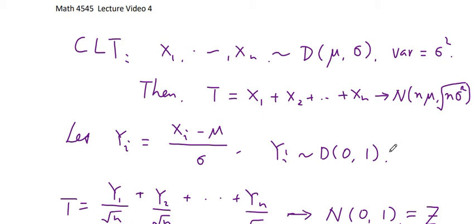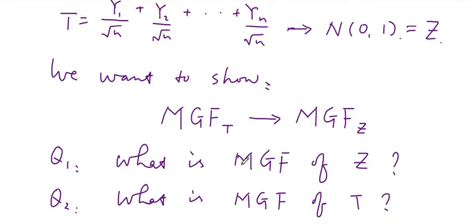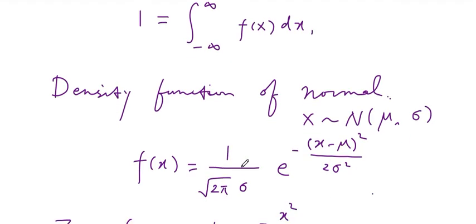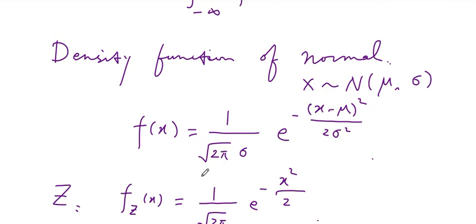Okay, so now the other question is why the normal distribution density function is like this. Where does the coefficient come from, where does the square root of 2 pi come from?